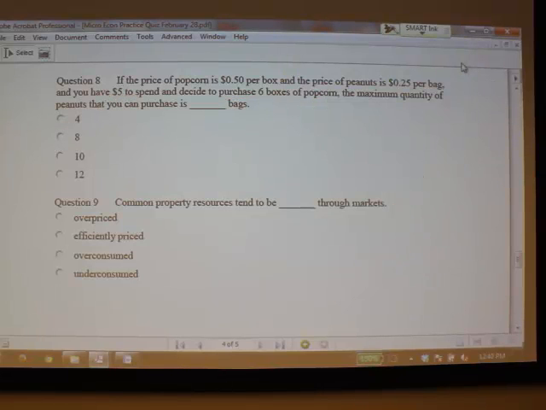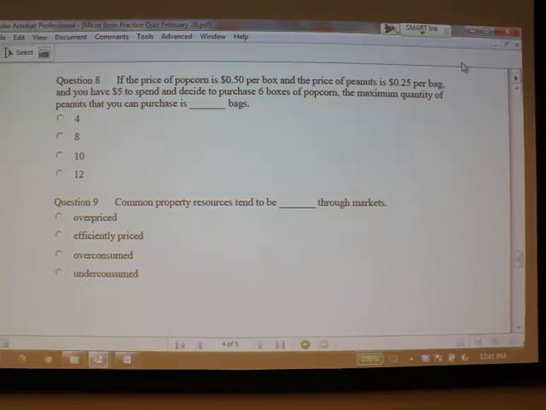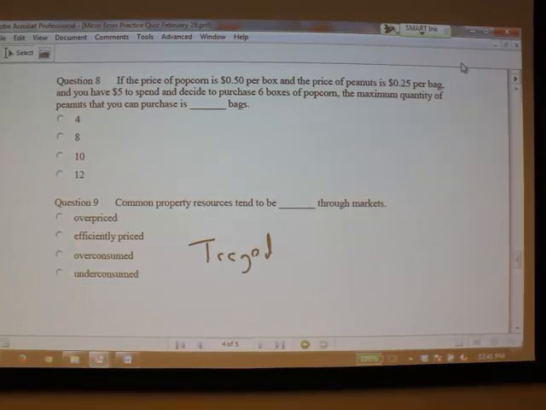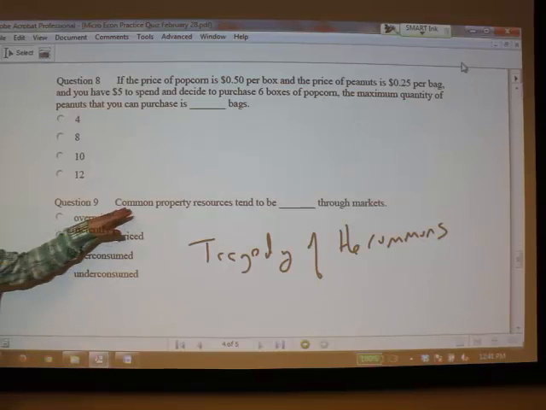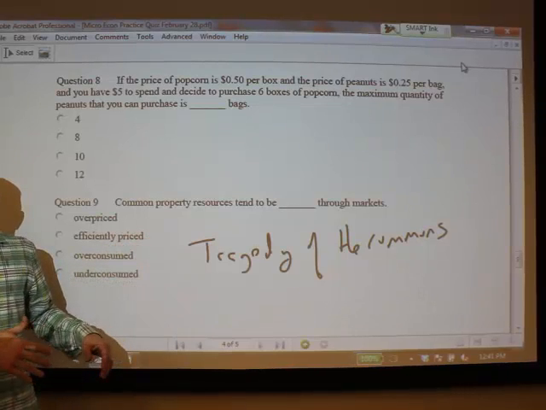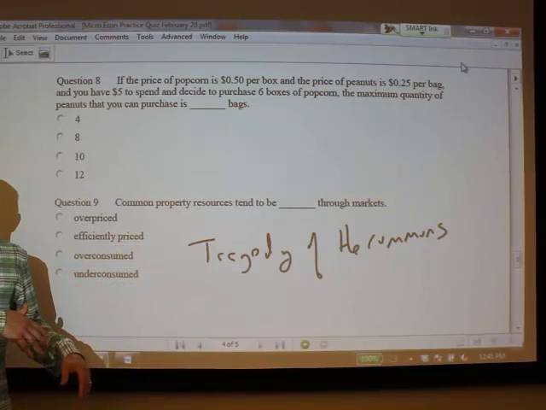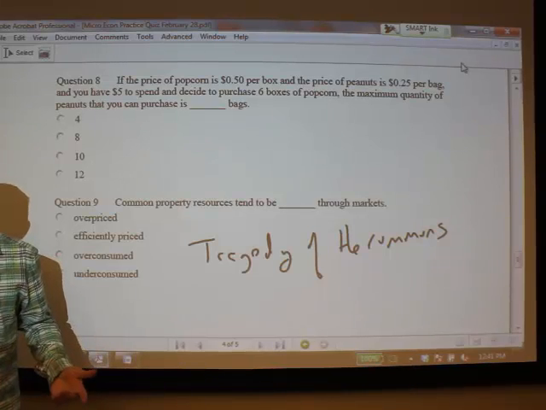Question 9. Common property resources tend to be overconsumed. Why? Because of the tragedy of the commons. In other words, they're non-excludable, but they're rival. People are going to use it because they can't be prevented from using it, and when they use it, it makes it difficult for other people to use it because they're rival, by definition.